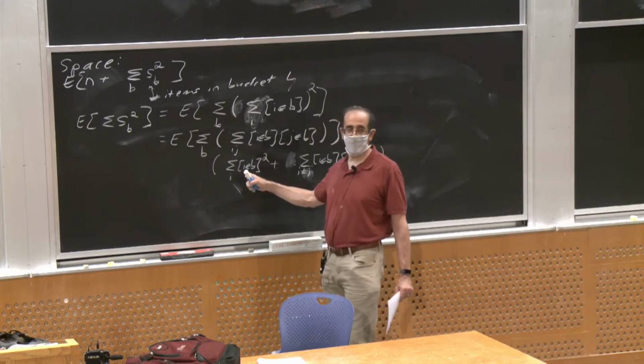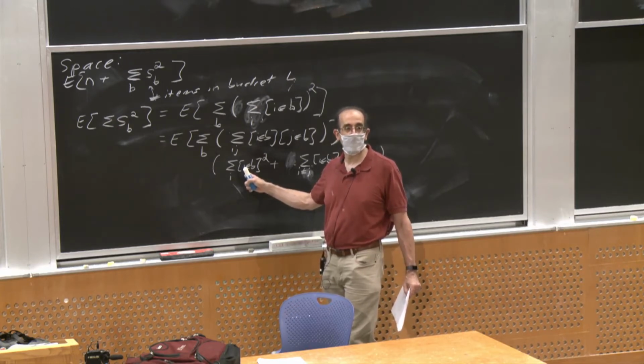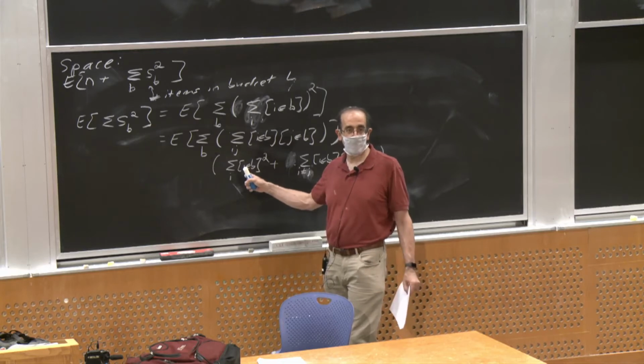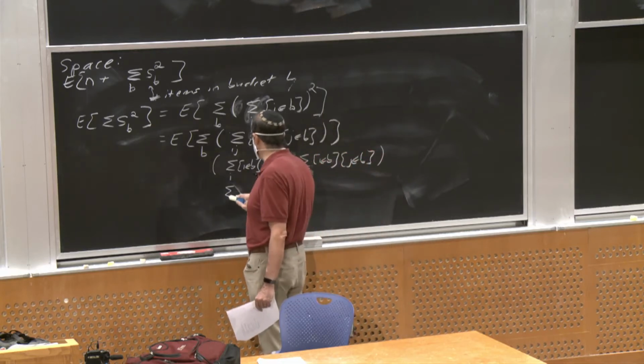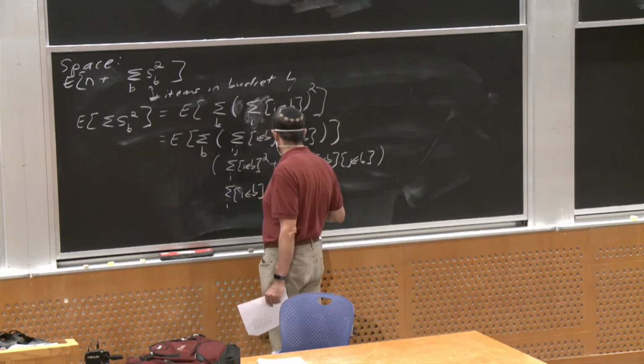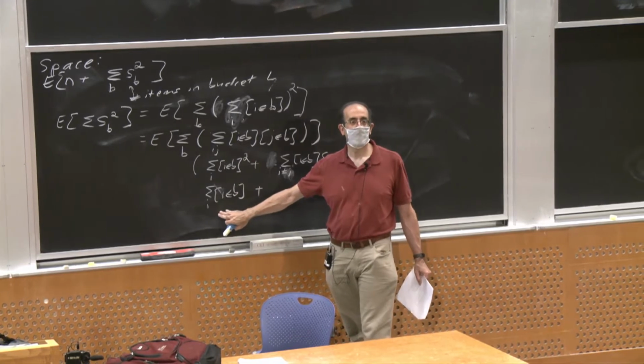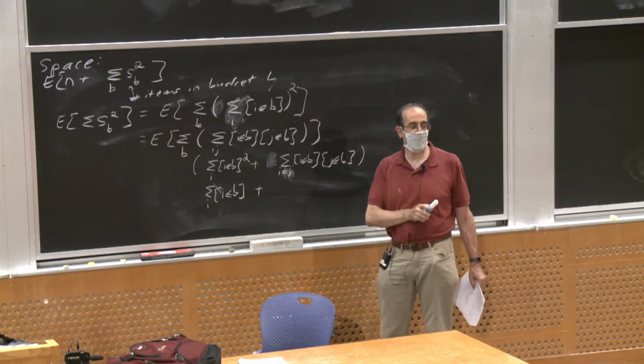So now let's simplify. This indicator variable squared, how can I simplify that? Yeah, squaring an indicator variable doesn't change it because it's 0 or 1. So what is this quantity, the sum of the indicators for I being in bucket B?